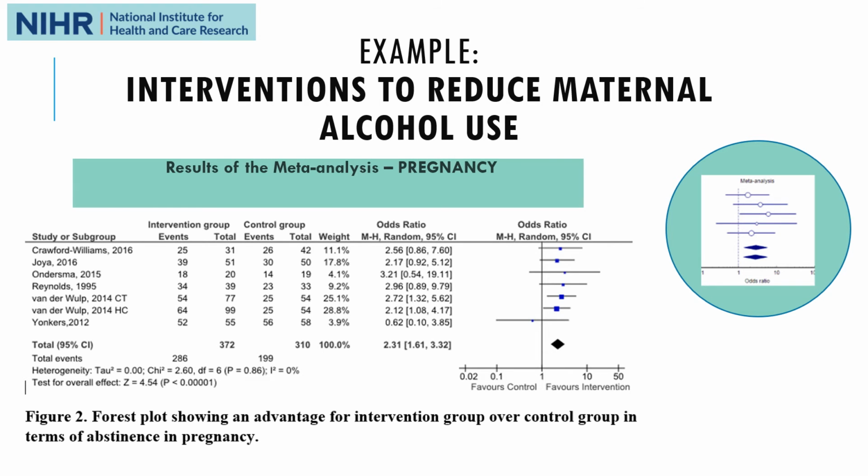So we included 20 trials on alcohol-related pregnancy interventions. Abstinence data were available for only 6 trials out of the 20, investigating the effects of alcohol reduction interventions on abstinence during pregnancy.